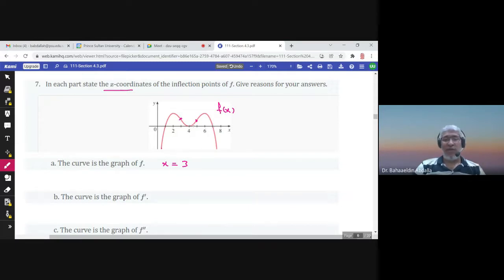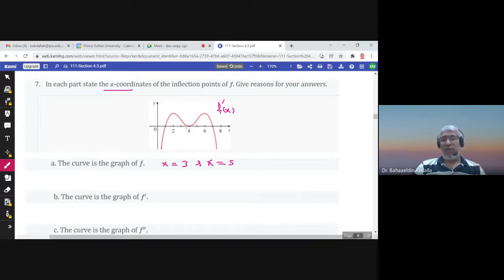So here it's concave up and now it's concave down. So at x equals 3 and 5, we have inflection points. So in this case, there are 2 inflection points of this graph. Well, here in part B, he says, if the curve is the graph of f prime.